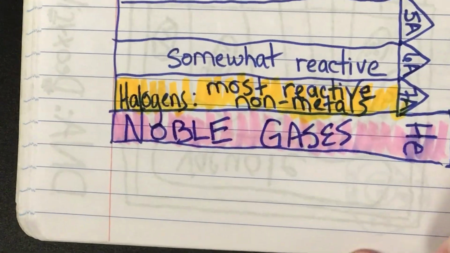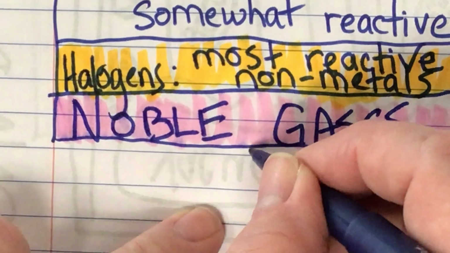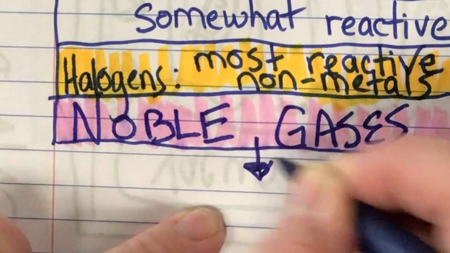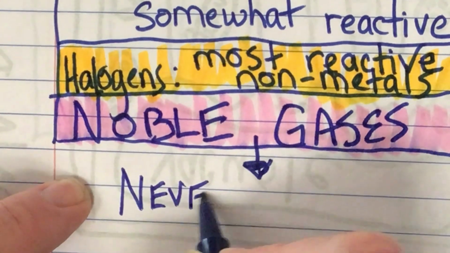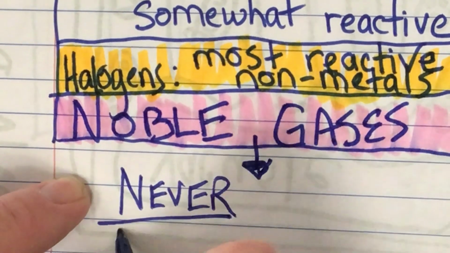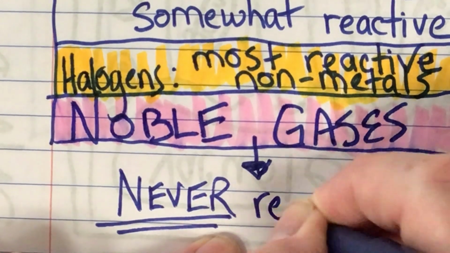Okay, so these are the noble gases, and the one thing I want you to know about these guys is that they never back down, never what? They never react.